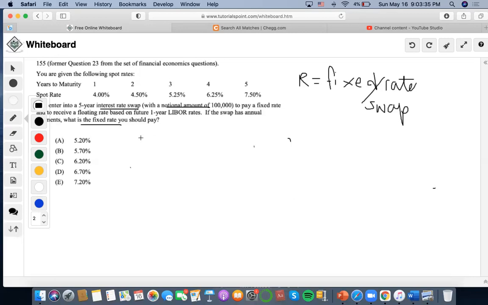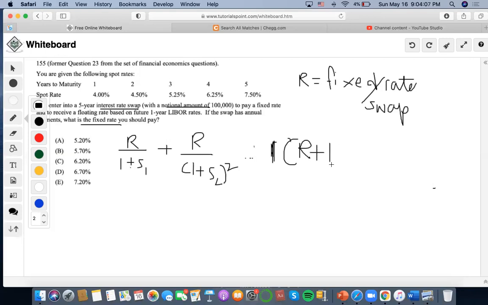So the equation would be R over 1 plus S1, plus R over 1 plus S2 squared, and it goes on until there is one last ratio that applies to the R, but we would have to repeat it by R plus 1, and then we'd set the whole thing equal to 1.